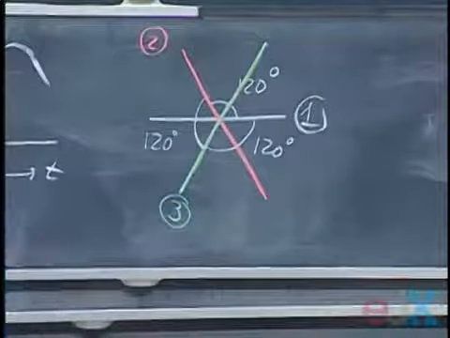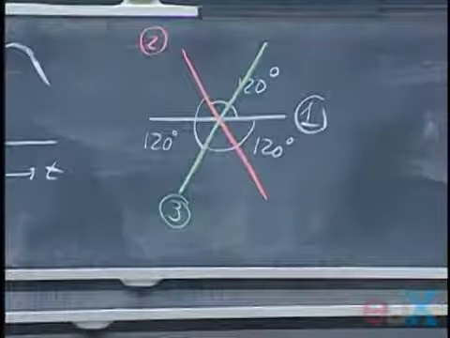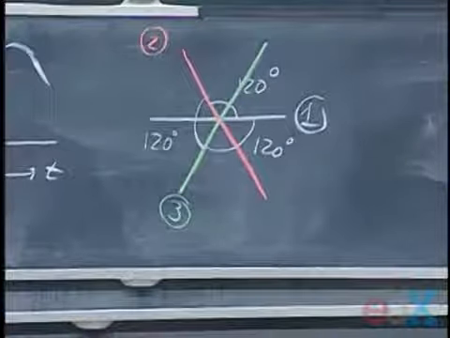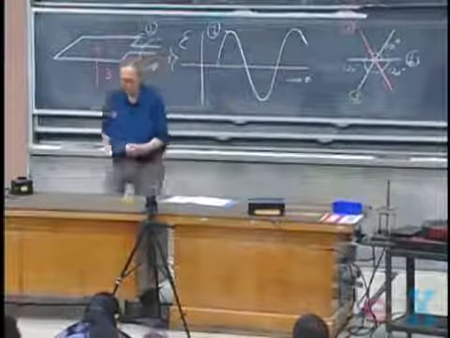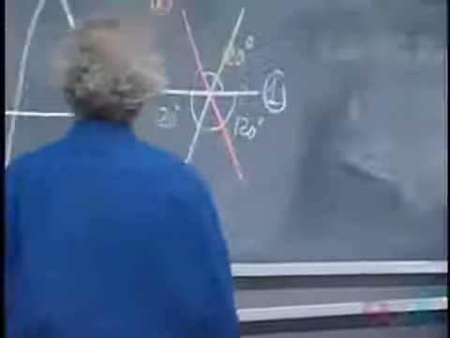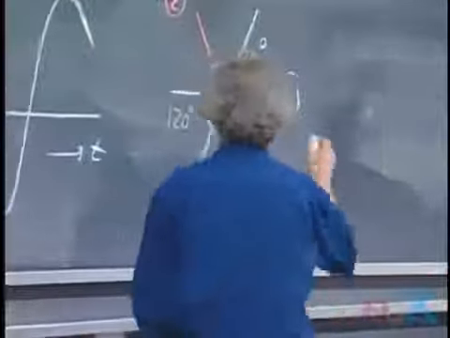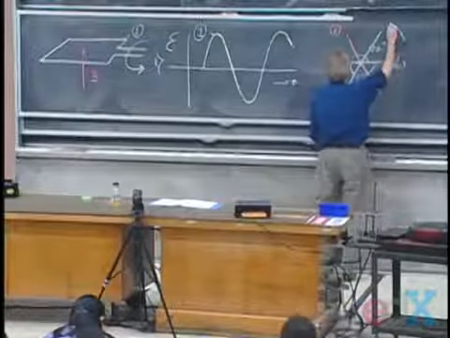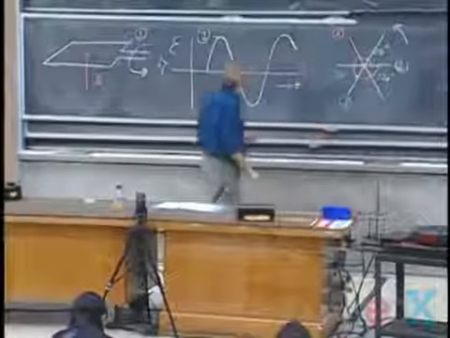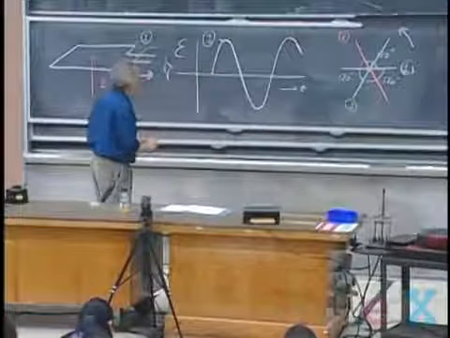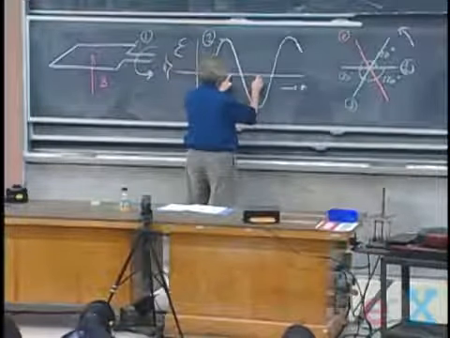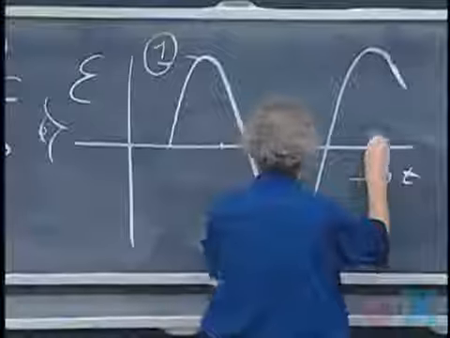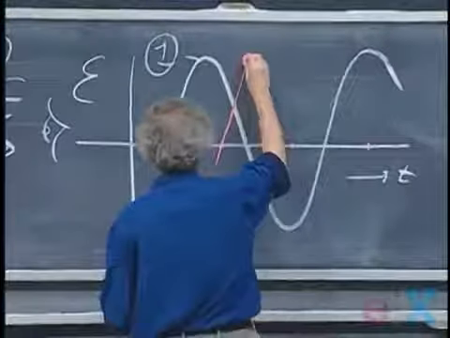And so each one of those will give an EMF that has this shape, but they are offset now in phase by 120 degrees. They're all rotating in exactly the same way, like so. And so the second one will give me an EMF, if I try to estimate that roughly, something like this.